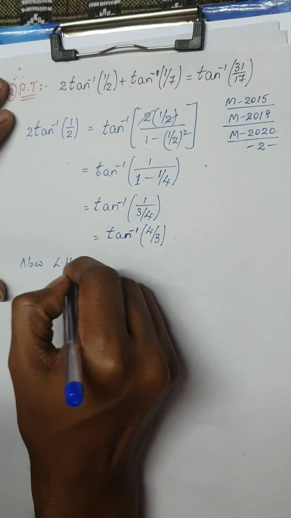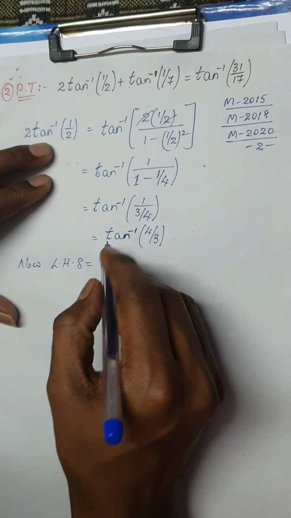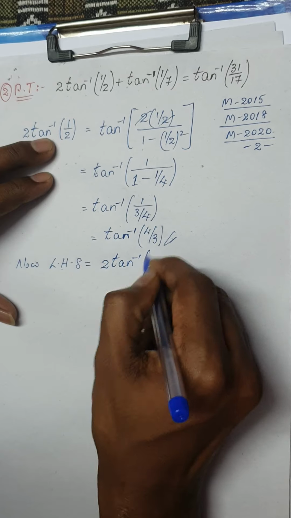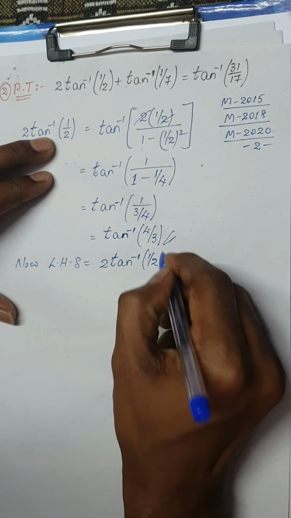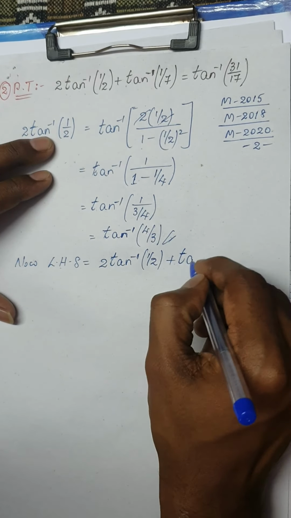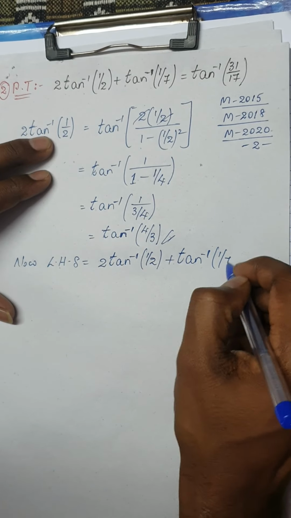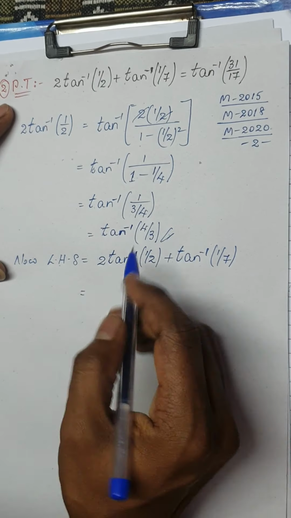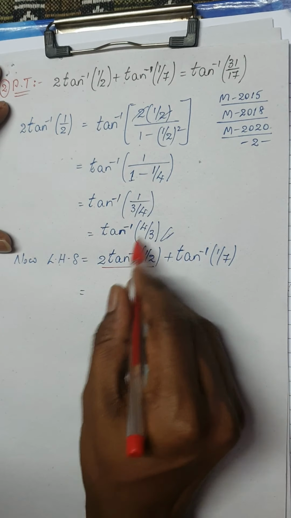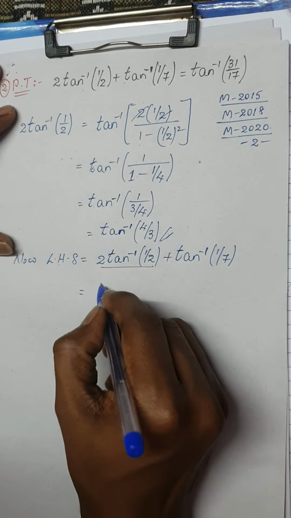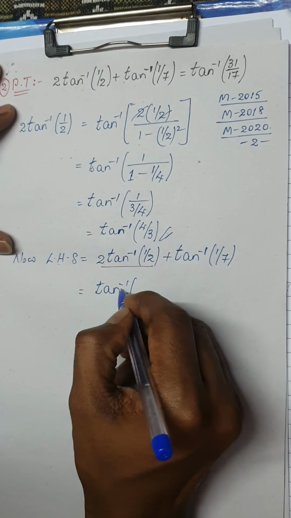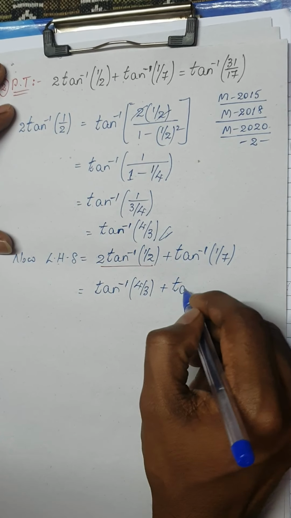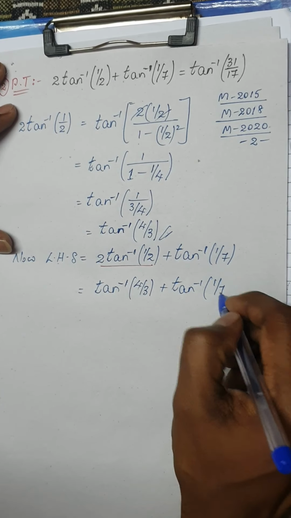Now the left hand side is actually 2 times tan inverse of 1 by 2 plus tan inverse of 1 by 7. So this is nothing but, substitute back what is 2 times tan inverse x using the previous step. That is tan inverse of 4 by 3 plus tan inverse of 1 by 7.